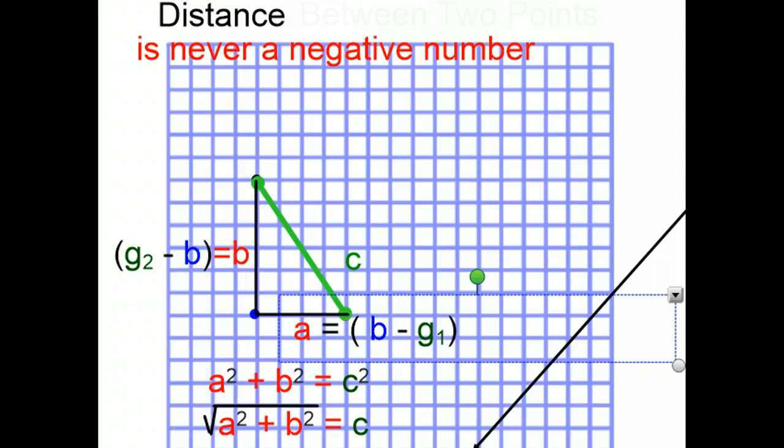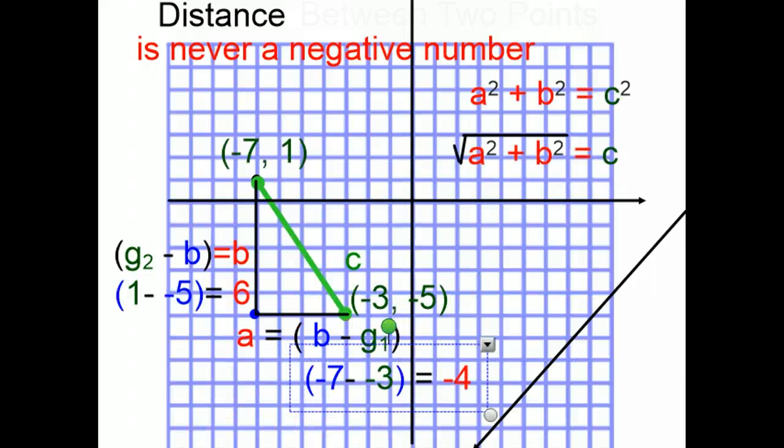So let's see what happens when we put actual numbers in it by placing a coordinate grid on it. If I place the coordinates of the two points that I originally started with, this is -7, 1, and this is -3, -5, and I plug this in. How far apart are this green and this blue? Well, this green point is at 1 on the y-axis, and this blue is at -5 on the y-axis.